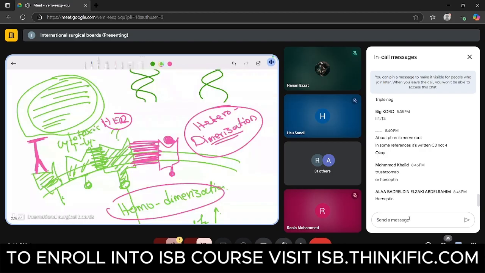And when cytotoxic T lymphocytes bind to the malignant cell, it can cause cell-mediated cytotoxicity. It can cause the cell to undergo apoptosis. So there are two primary mechanisms by which Herceptin works. Number one, prevention of dimerization. Number two, cytotoxic T lymphocyte-mediated immune response.